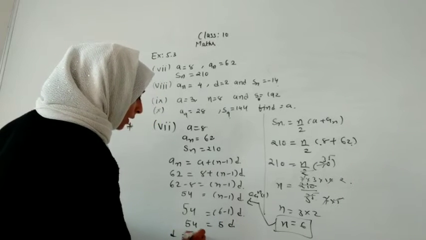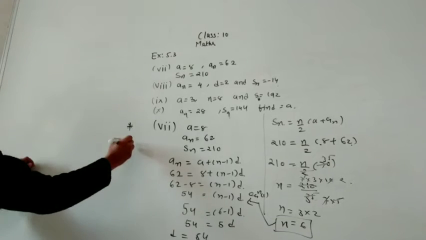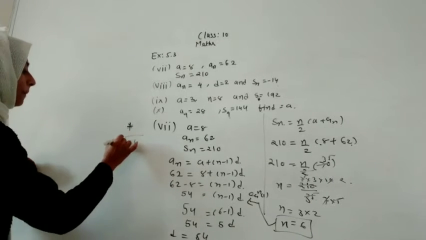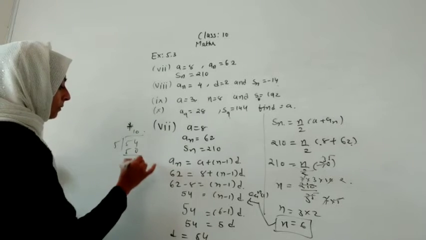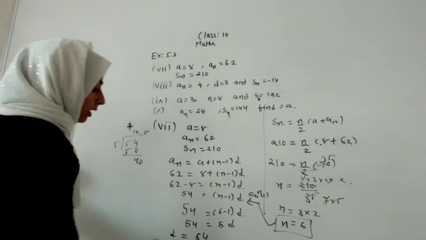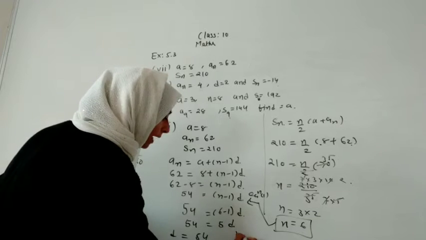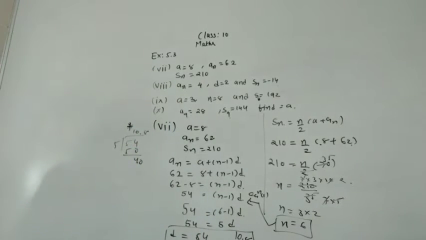So the difference we got as 54 by 5. Let us do 54 by 5. 5 tens are 50, and that 4, decimal and that 0. 8 fives are 40. So we got the answer in the form of 10.8. That is the difference, and if you want to keep it in the form of 54 by 5, that is also okay. So this was the concept.